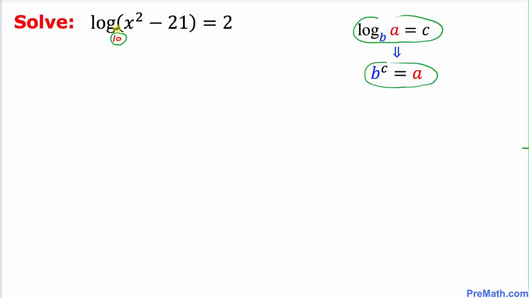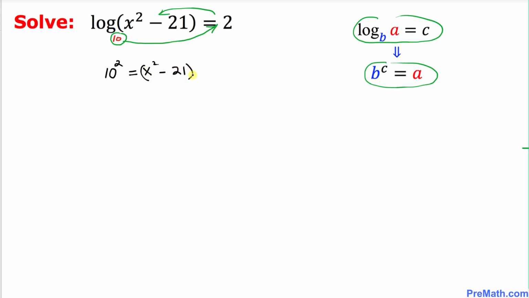So when we convert it from logarithmic to exponential, we're going to go 10 power 2 equals this part. So let's go ahead and write it down. This could be written as 10 power 2 equals, our argument is x squared minus 21.